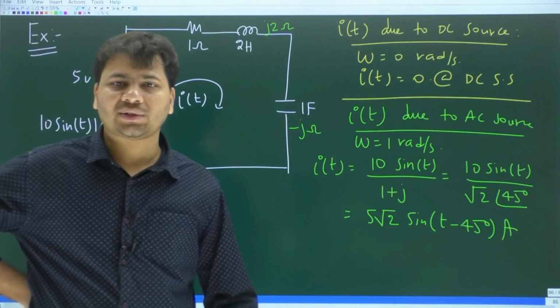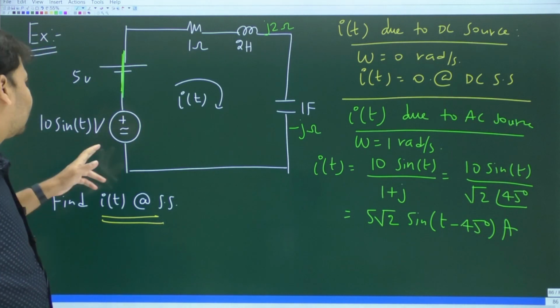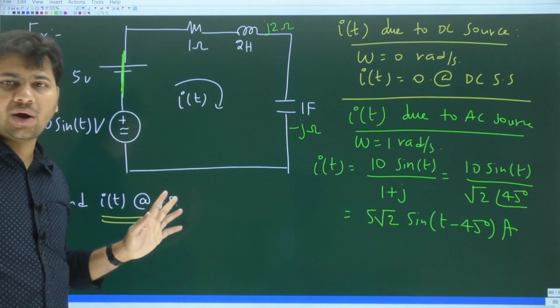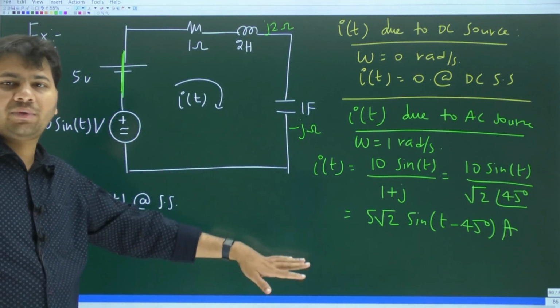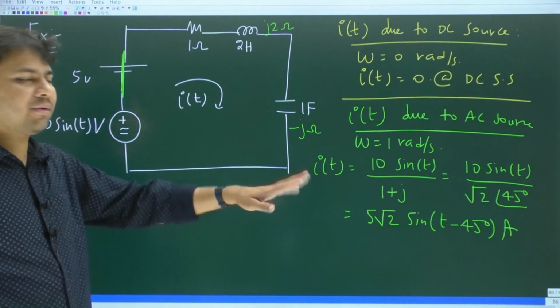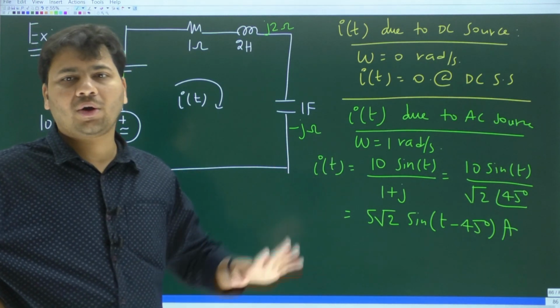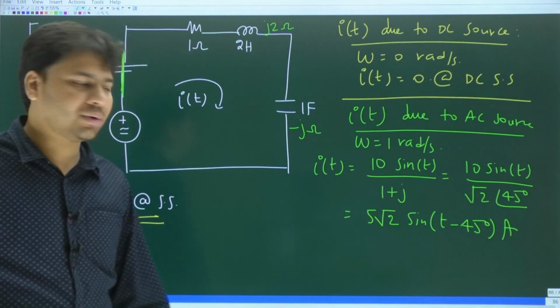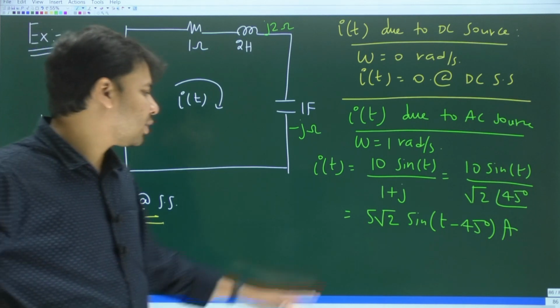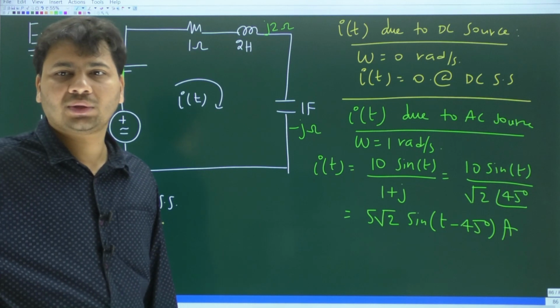I'm just bypassing the method where we convert the voltage source into its phasor form, do the analysis in the phasor domain, and then convert the current back into the time domain. Instead, I am directly writing I of t. Even if you go by that method, you will get the same result: 5 root 2 sine t minus 45 degrees amperes.